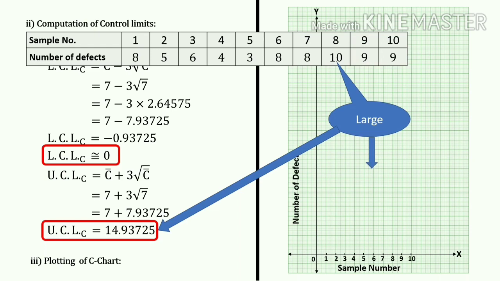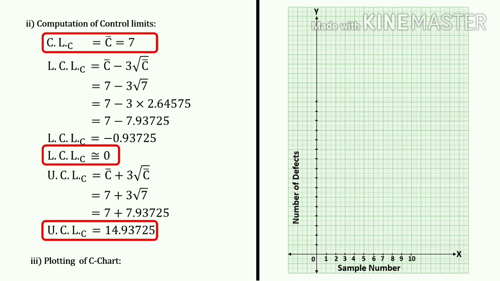The largest among these two is 14.93725. So we require the scale in such a way that 0 as well as 14.93, approximately 15, is reflected on the y-axis. So appropriately we choose the scale on the y-axis, that is 1 centimeter equal to 1 unit. Now the next step is plotting of control limits.